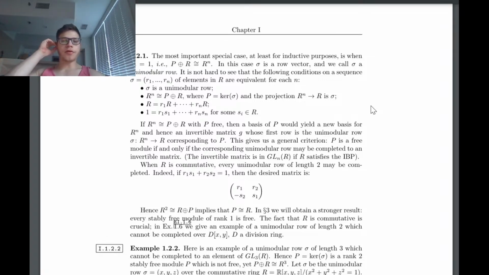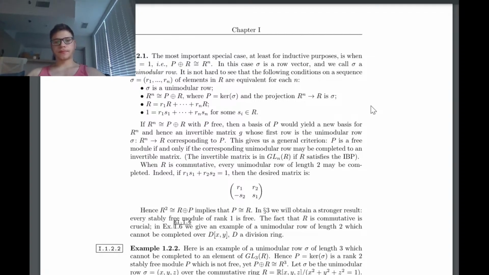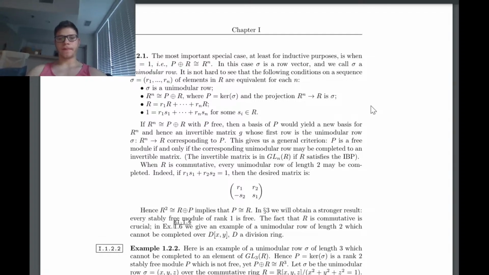If sigma is a unimodular row, then this means R^n to R is surjective.